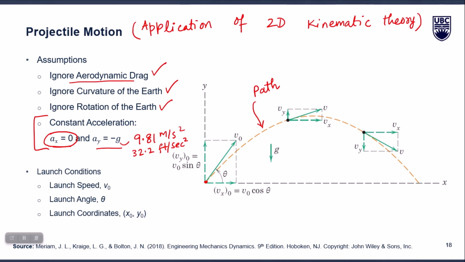So imagine a very light ball which is moving in a projectile motion. In that case, ignoring aerodynamic drag will be a very poor assumption, right? In that case, the particle may not follow this perfect curved path, right? So with all those assumptions, a sub x can be considered 0 and a sub y will be minus g.